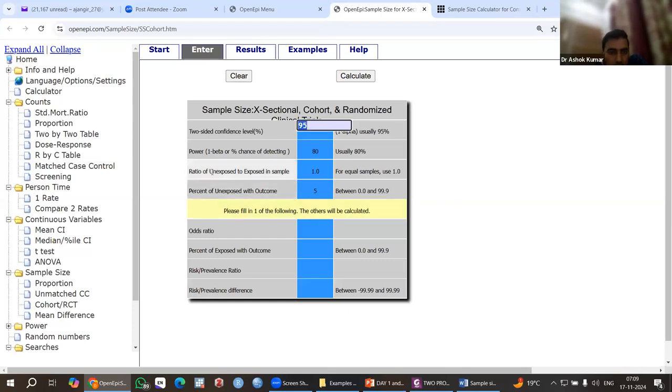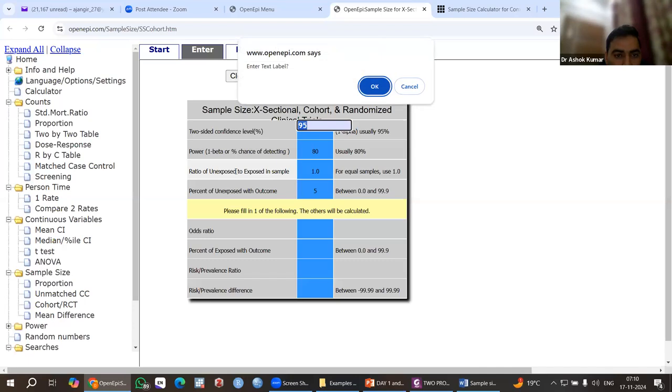This is the ratio. For equal samples, we use 1. This is the ratio of unexposed to exposed.